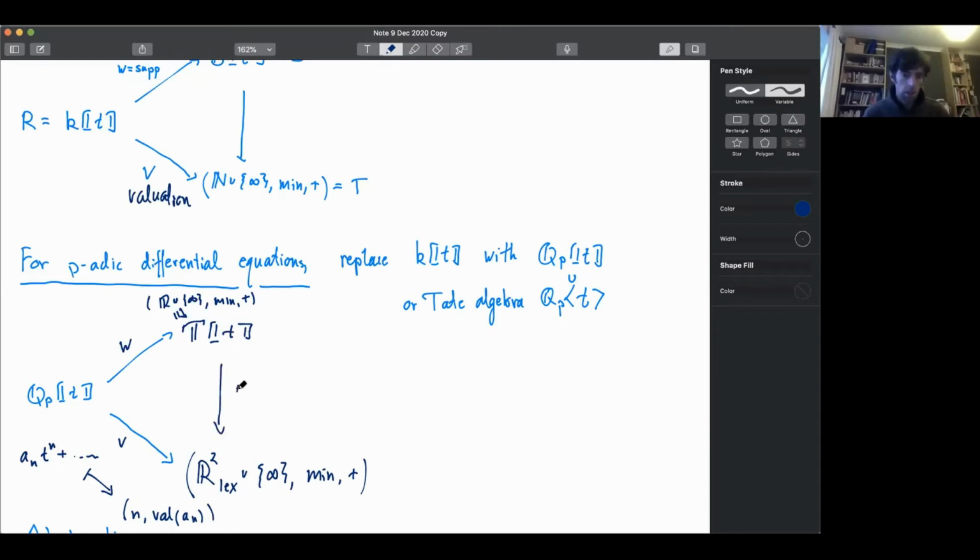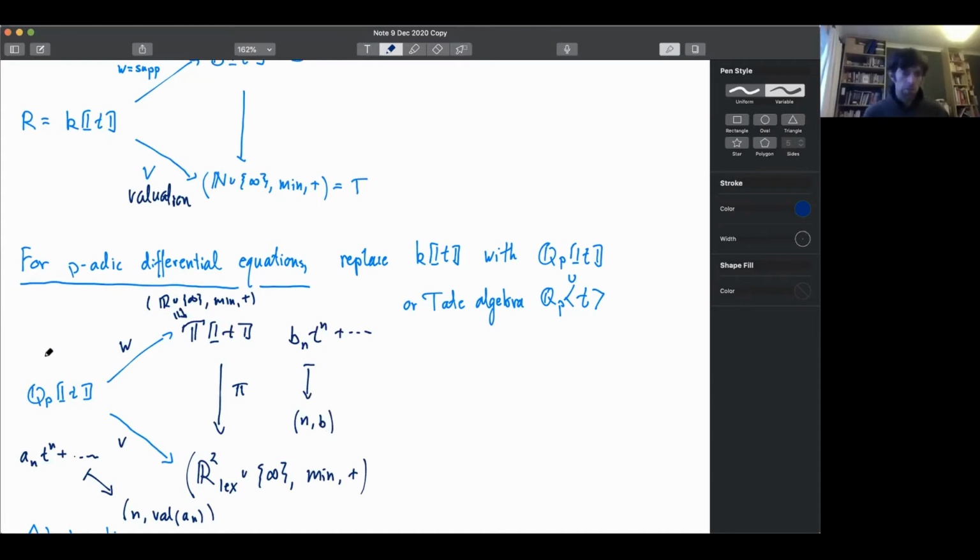And my map pi here is going to be, you look at the leading term, and into the first component, you put the exponent of the leading term, and into the second component, you put the coefficient of the leading term. So if I have a power series b_n t^n plus higher powers of t, this is going to map to (n, b).